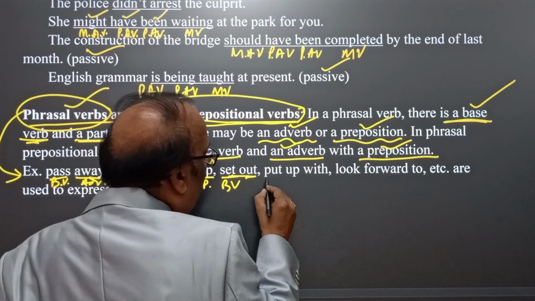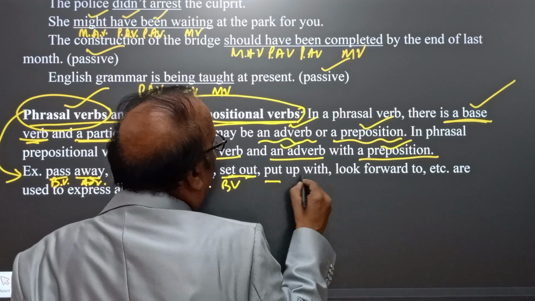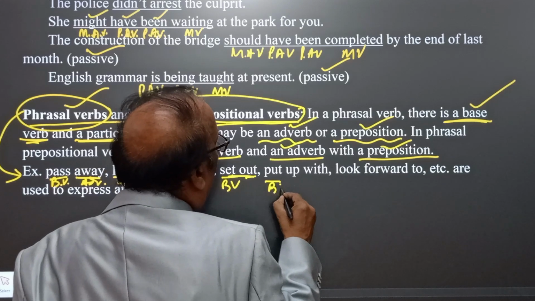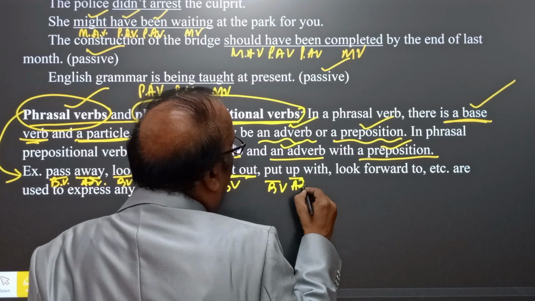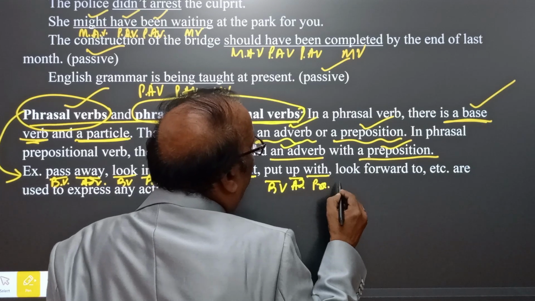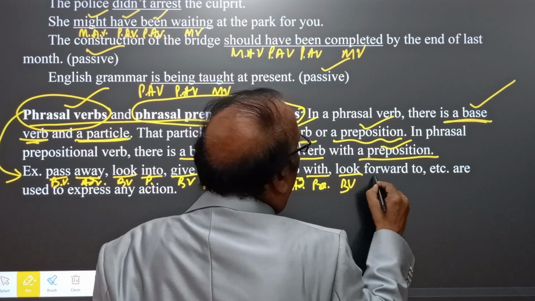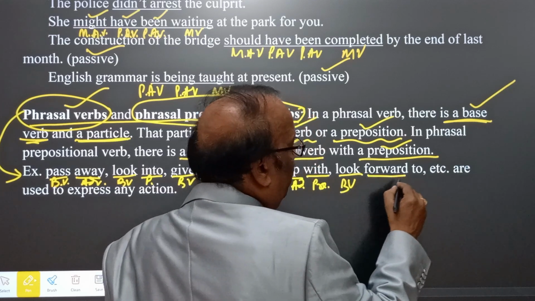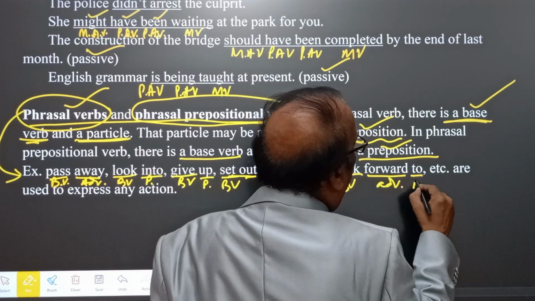But here, put up with: put is the base verb, up is an adverb particle, with the preposition. And here we find look forward to: look is the base verb, forward is an adverb, and to is a preposition.